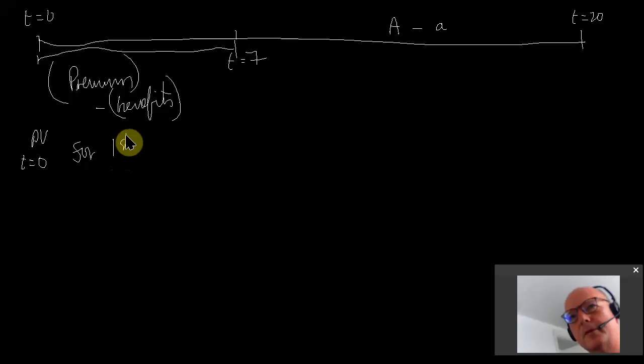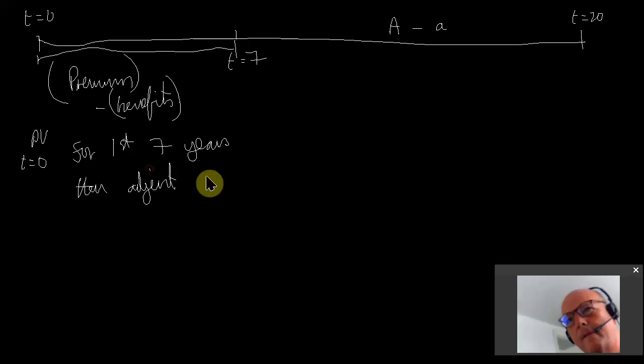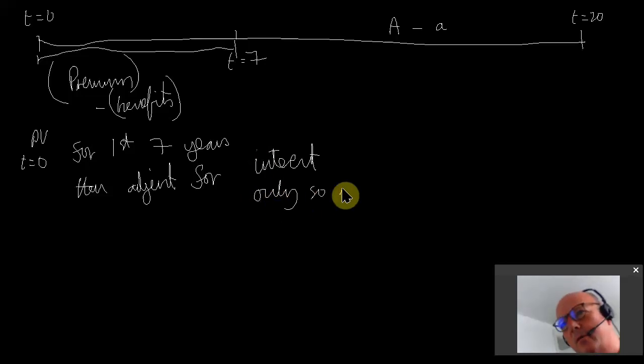so for the first 7 years, and then adjust for interest, because in 7 years time the value of money is different, and also only so many have survived.